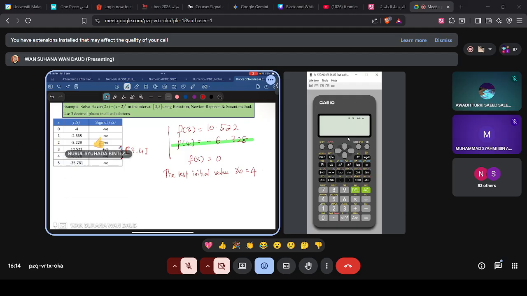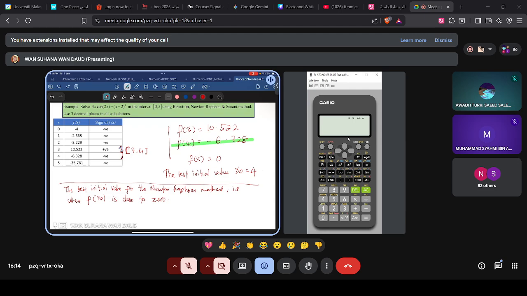The best initial value for the Newton-Raphson method is when f of the initial value is close to 0.